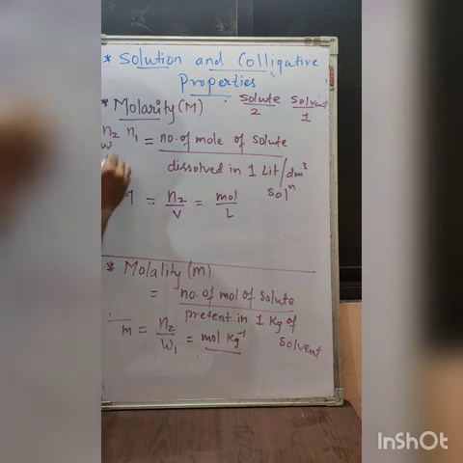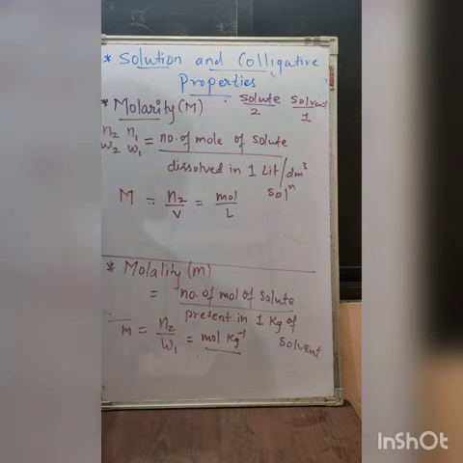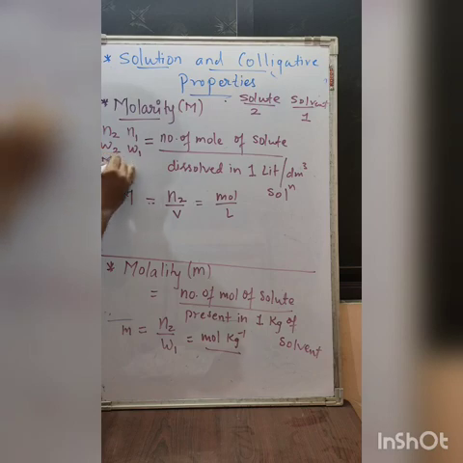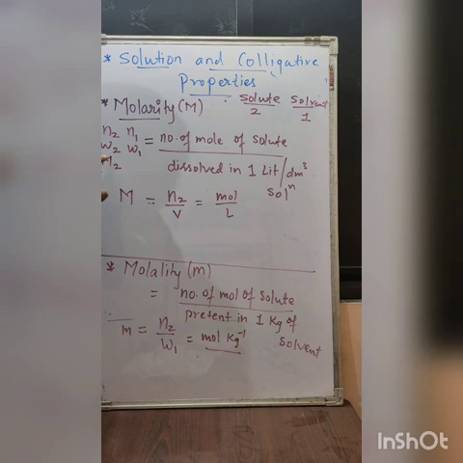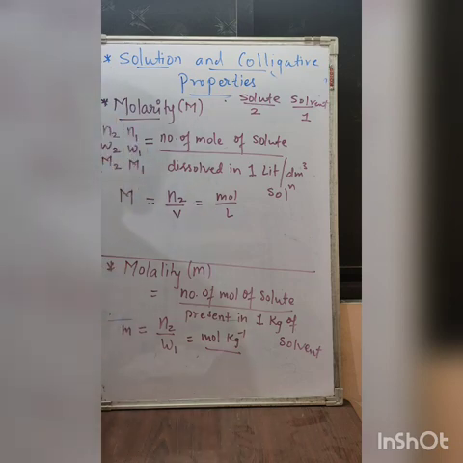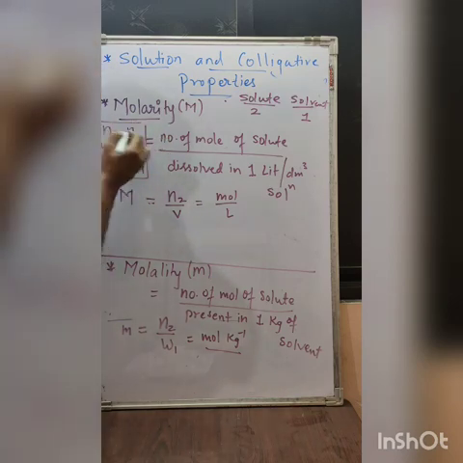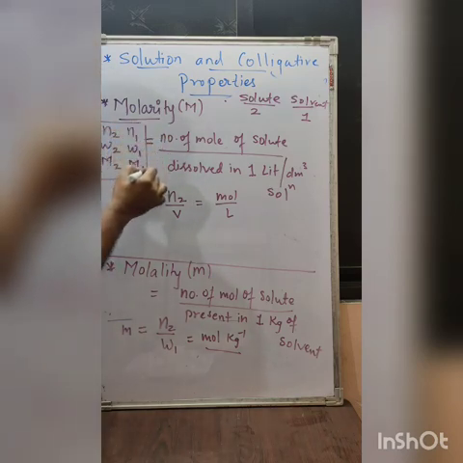W is a mass, W2 means mass of solute, W1 is mass of solvent. If I say M2, M2 means molar mass of solute, and M1 is the molar mass of solvent. Understood? So please remember 1 and 2, 2 means solute and 1 means solvent.